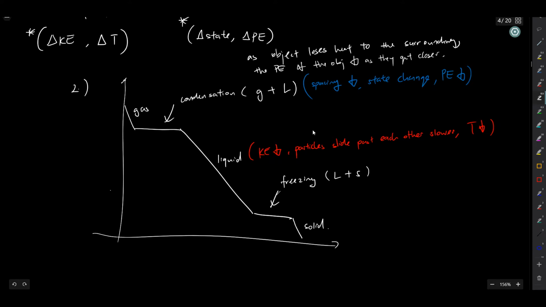Otherwise, you can also write as the object loses heat to the surrounding, the internal energy of the object decreases as they get closer. Sorry, they as in the particles.